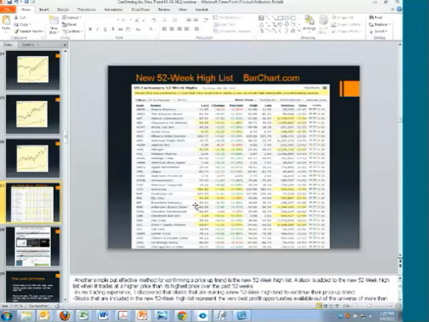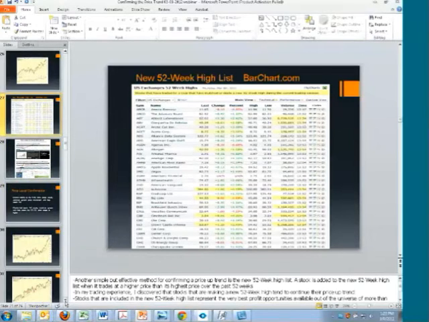There's about 115 stocks today making a new 52-week high. So this is a great website. I have this bookmarked, and it only takes a few seconds to get right into the list of new 52-week highs, and a great starting point for finding stocks with the best profit potential.